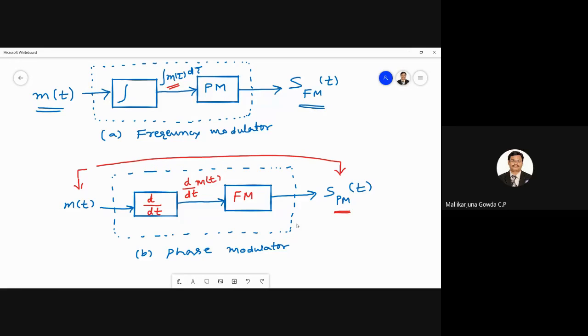It is also a frequency modulated signal with respect to what? The differentiation of the message signal. So this is how FM and PM are related. It is not tricky, it is very simple to understand, but people should understand the replacing of integration and differentiation.